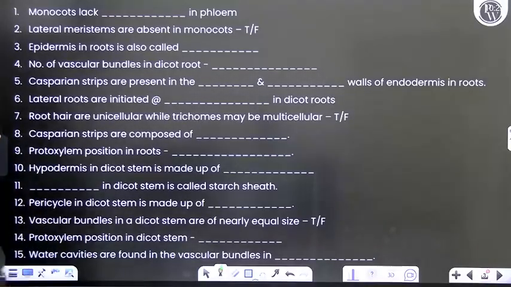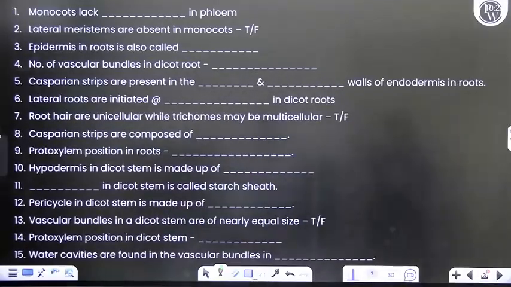What do monocots lack? Okay, you finish answering, because if I try to write answers now, the questions will be blocked. You will not be able to read. I'll give you a few minutes time so you can answer it quickly. In the meantime, I'll go pick myself a bottle of water and come.